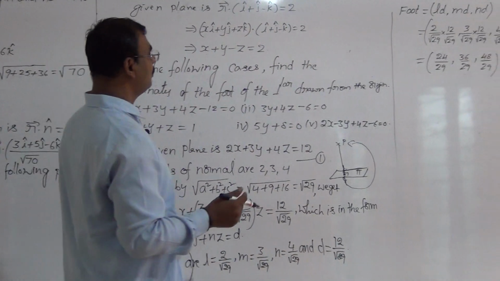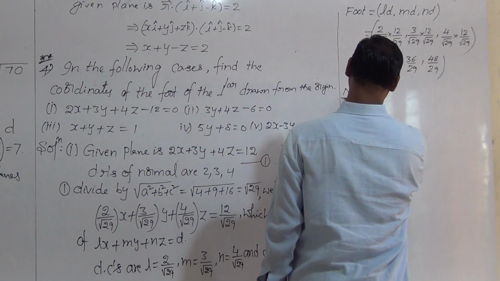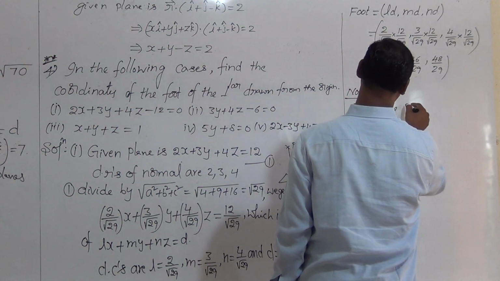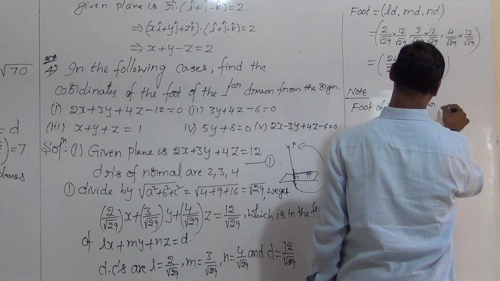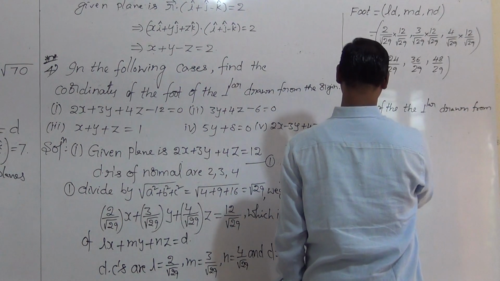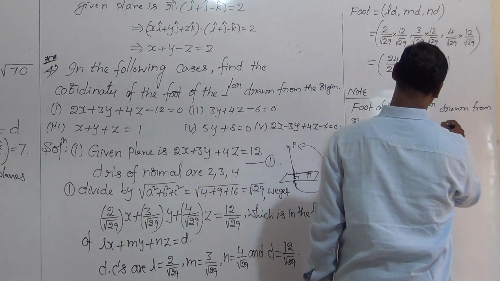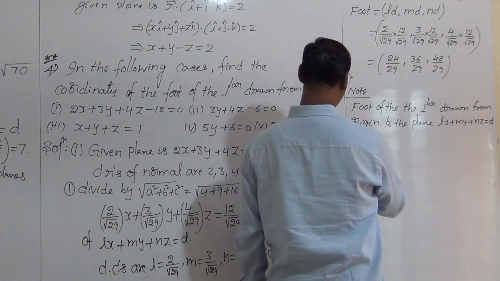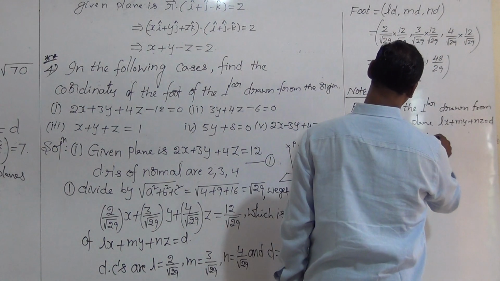I write the formula, note it all of you: the foot of the perpendicular drawn from the origin to the plane lx plus my plus nz is equal to d is l into d, m into d, n into d.